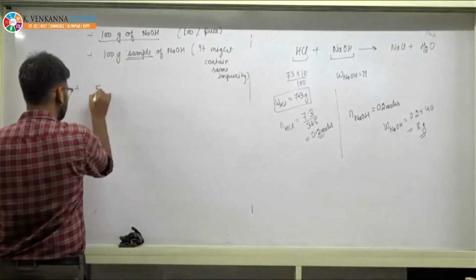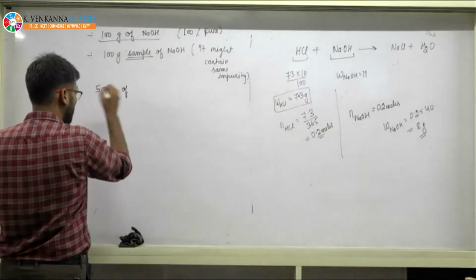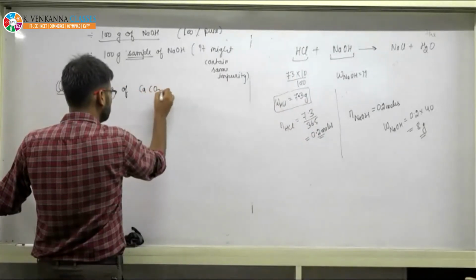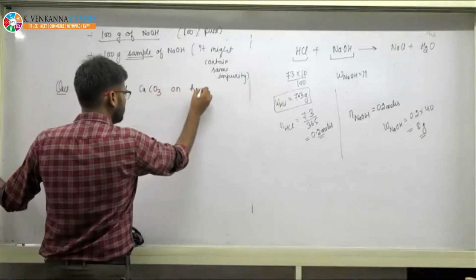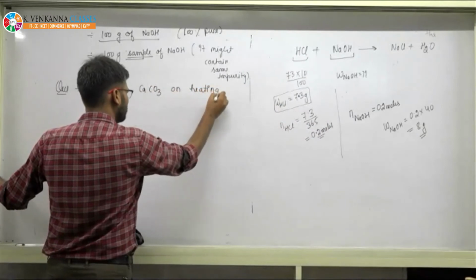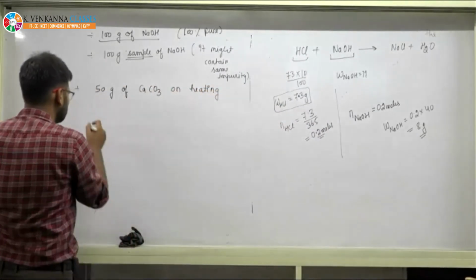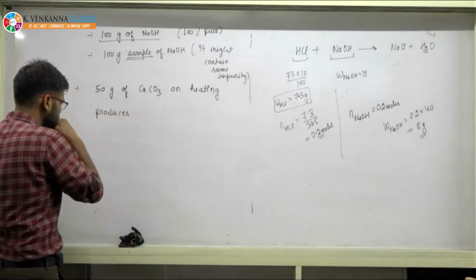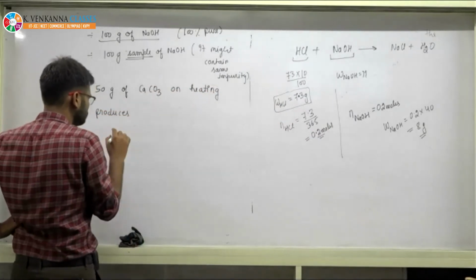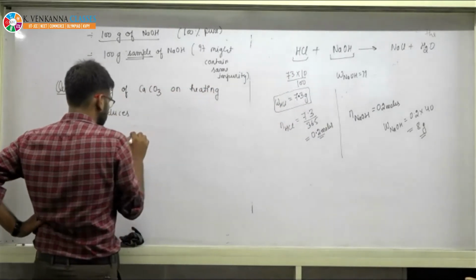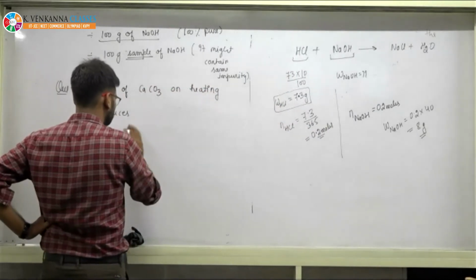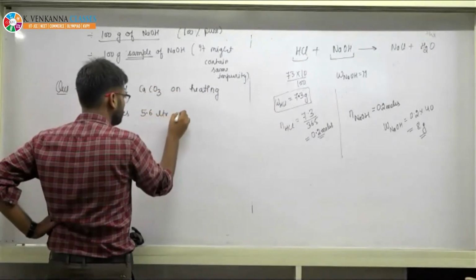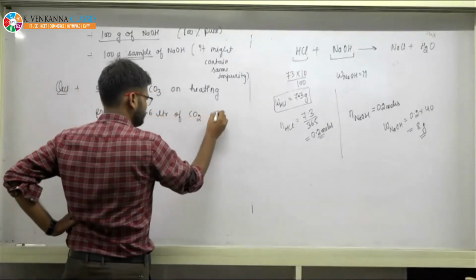So it says 50 gram of calcium carbonate on heating produces 5.6 liter of CO2 at STP.